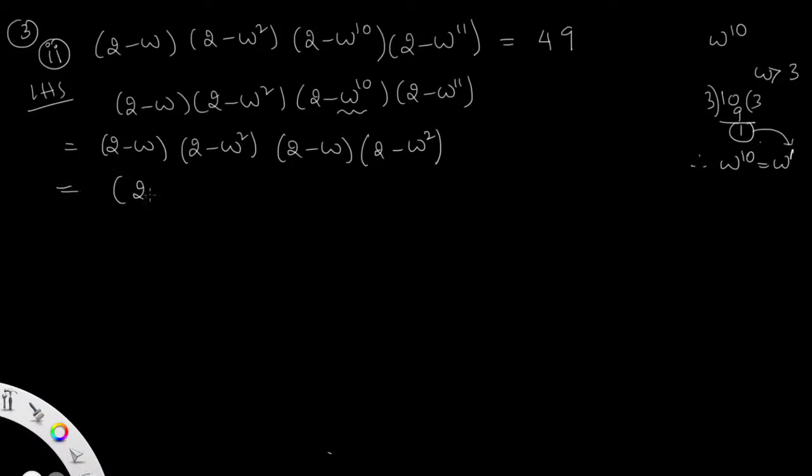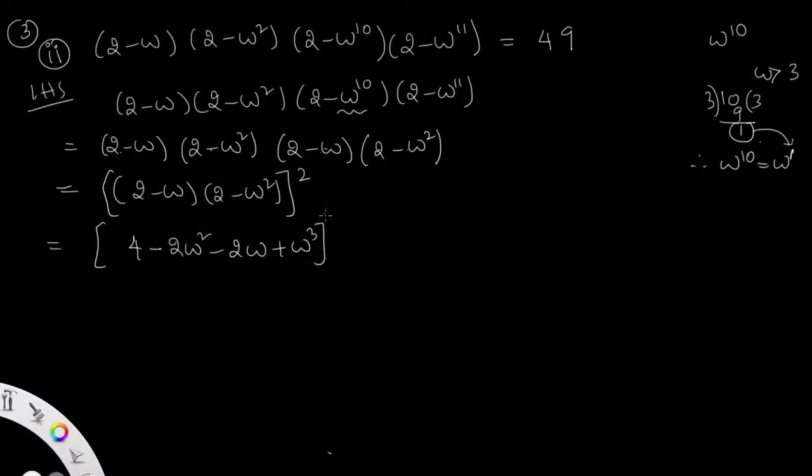So 2 minus omega occurs 2 times, so 2 minus omega whole square, 2 minus omega square whole square, that is 2 minus omega into 2 minus omega square, whole square. Now simplify: 4 minus 2 omega square minus 2 omega plus omega cube, whole square.